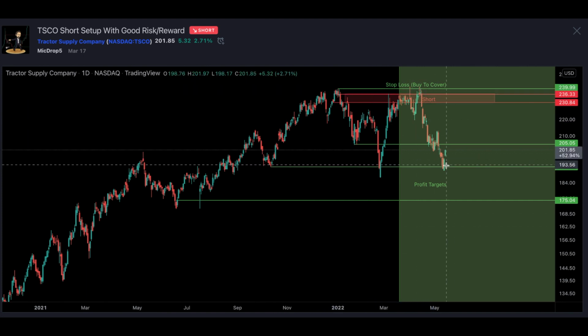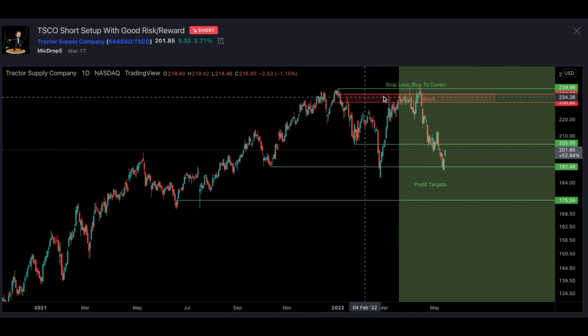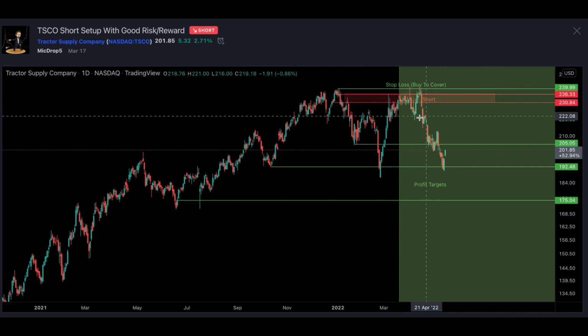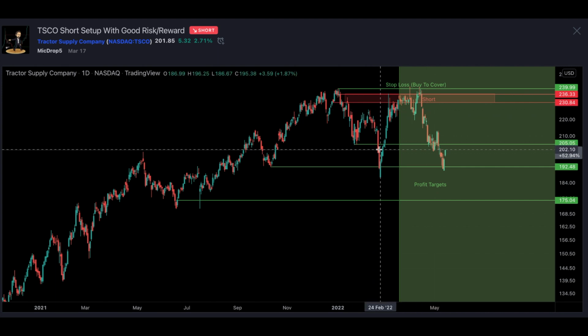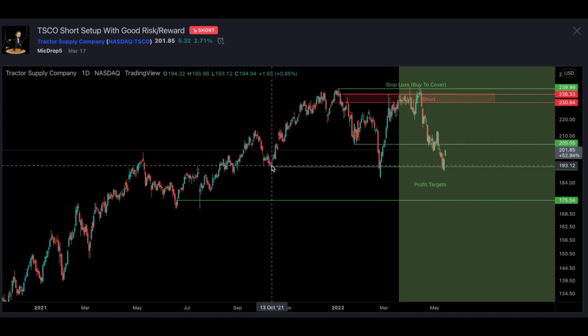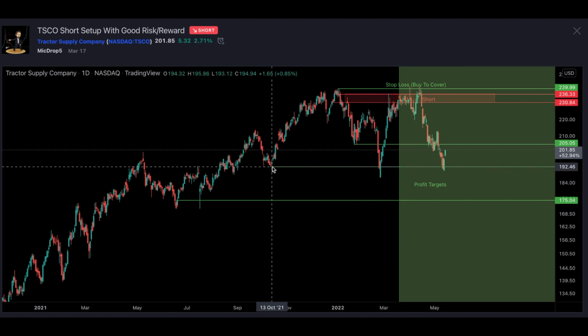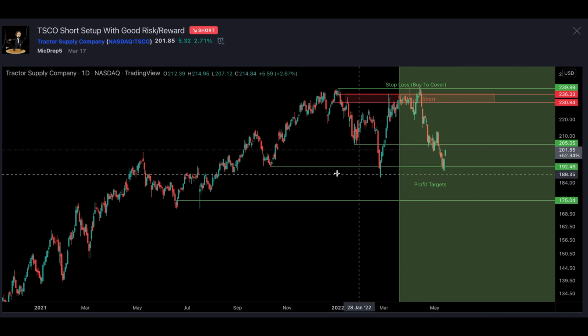And then I actually grabbed a long right here. And the reason I did is not because I think that this particular chart is going to go up from here considerably. I think it'll maybe pop to here perhaps, or even just to here would be a long worth taking, because here is your stop loss. This was the level to take your long, and because the stop loss is so close, the risk reward was really good on this trade.